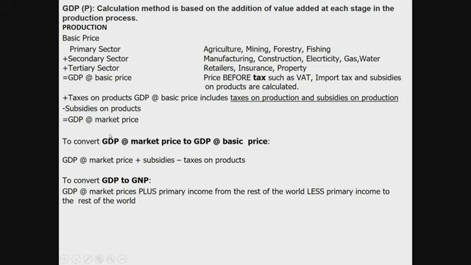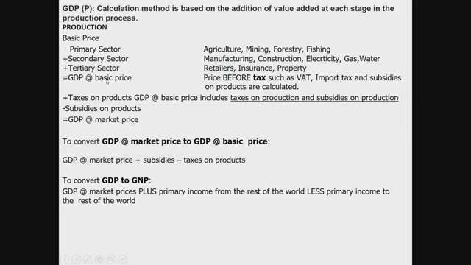So a very popular question is to convert GDP at market price to GDP at basic price. So what you're doing is you're converting your GDP at market price to GDP at basic price, right? So you start with your GDP at market price plus your subsidies minus taxes. Remember, I just said when we were working down here, it is GDP at basic price plus taxes minus subsidies equals GDP at market price.